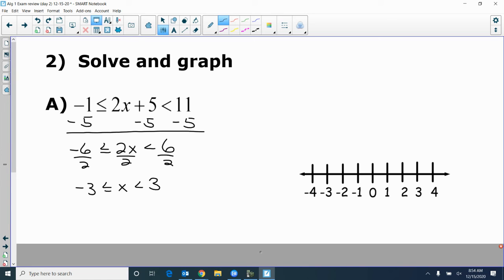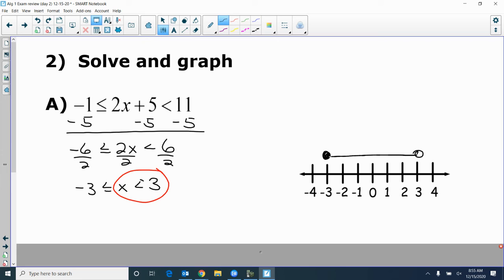Not on this one, because if you think about this, if you cover up this first part, basically it's saying -3 is smaller than X, or X is bigger than -3. So X is bigger than or equal to, so it's a solid dot at -3, but how do you interpret that? That says it's also gonna be what? X less than 3. Less than 3, so it has to be less than 3 at the same time.